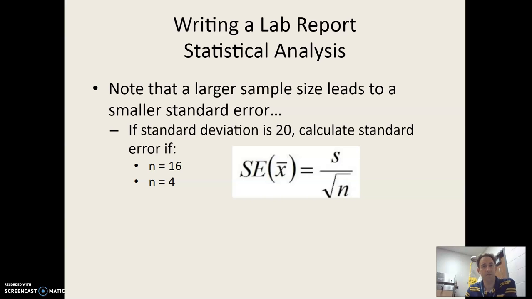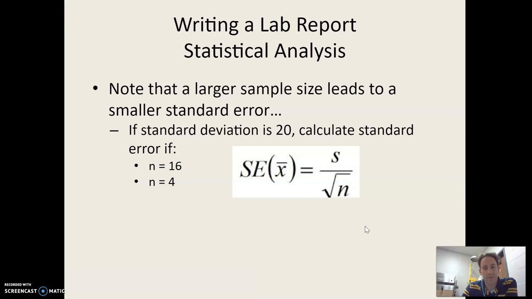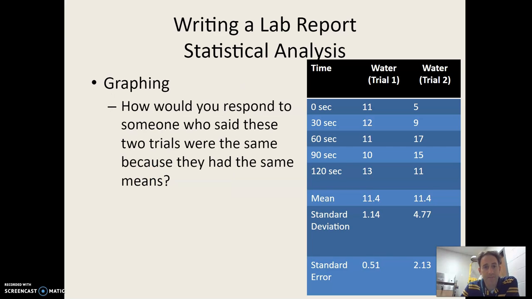It's kind of like if you flip a coin 16 times, n equals 16, you're going to be more likely to get a 50-50 ratio of heads or tails versus if you only flipped a coin 4 times. So the standard error will be smaller, which is good, a tighter spread, if you have more samples to measure.